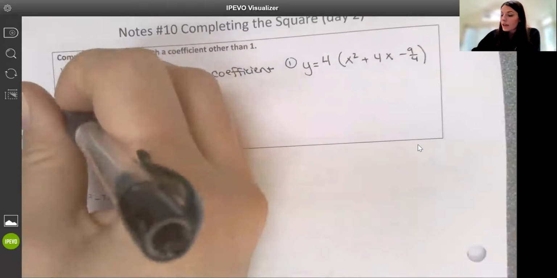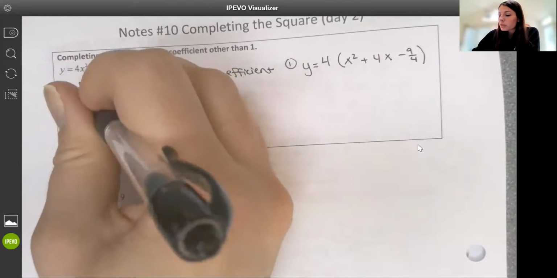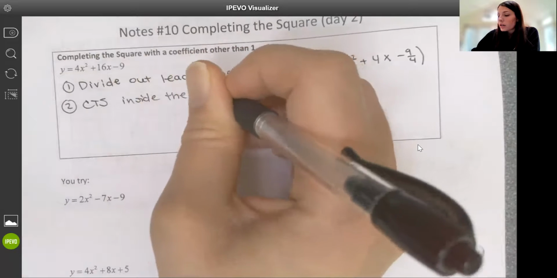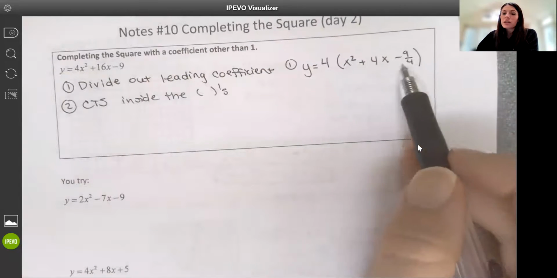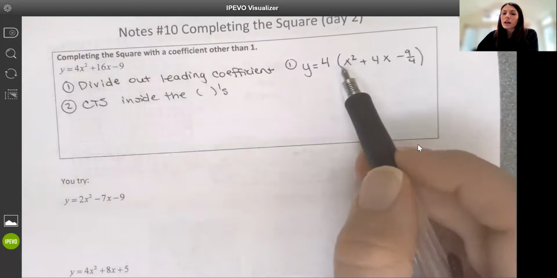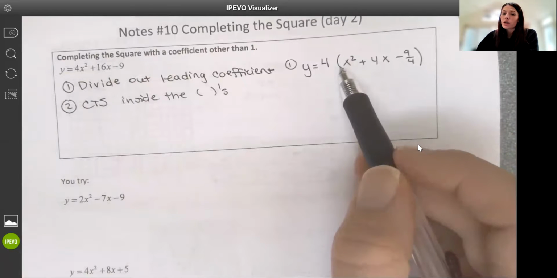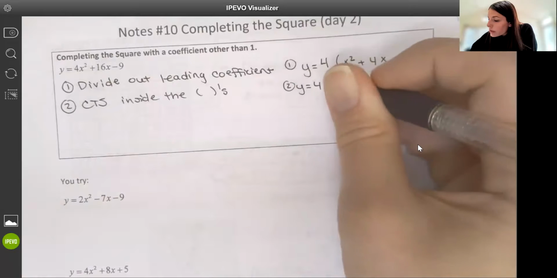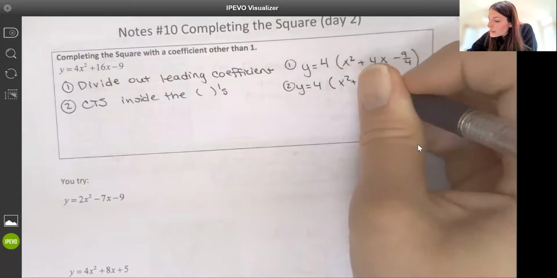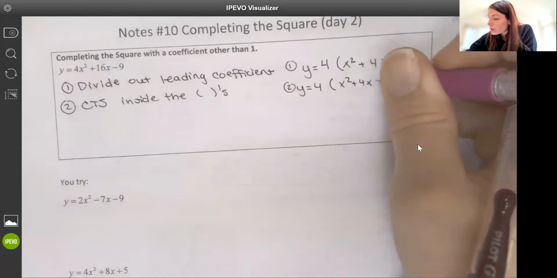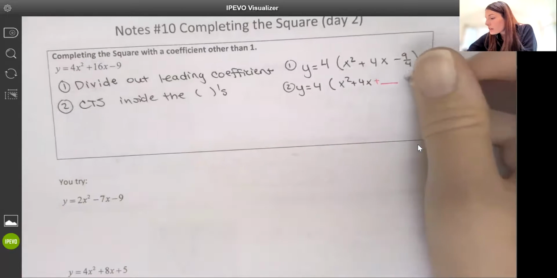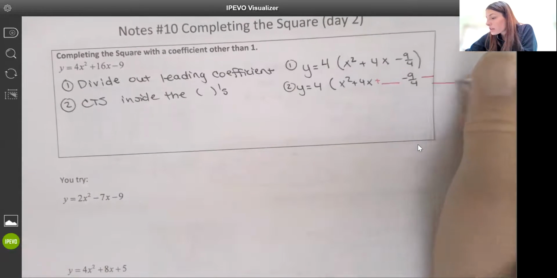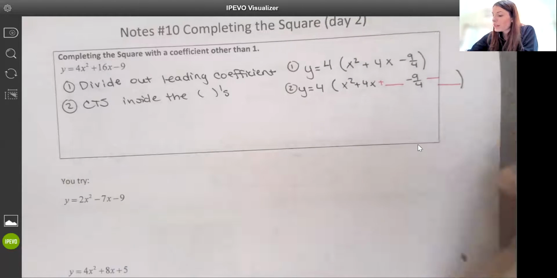Now we're set up to complete the square inside the parentheses that we're left with. Inside here, we have a quadratic with a leading coefficient of 1. I'm still going to have this 4 out front, but inside my parentheses, I'll do what we were doing the other day: I'll add in the correct value that would complete the square, and I'll subtract that same value at the end.